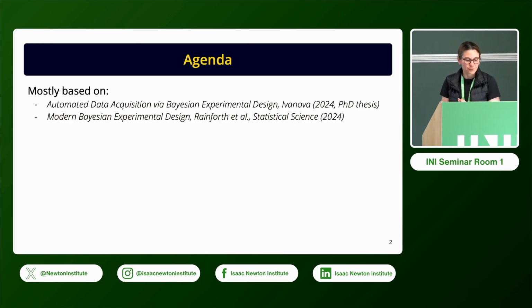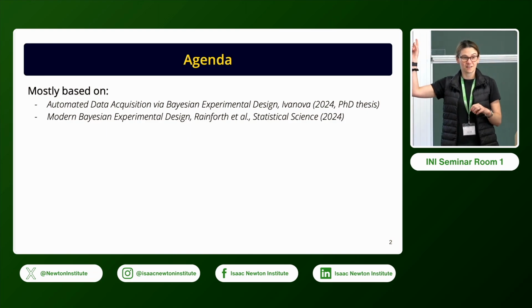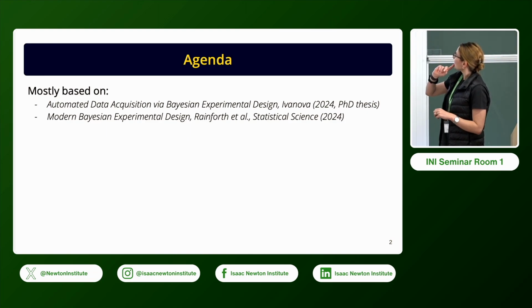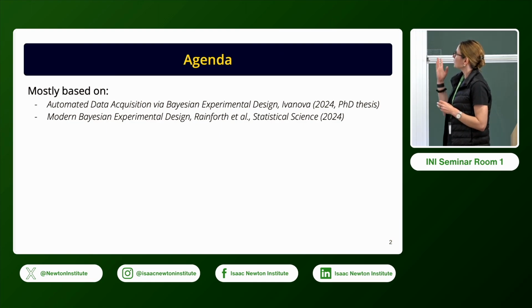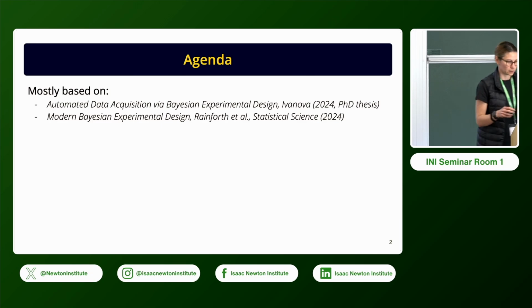Okay, so the tutorial will be mostly based on my PhD thesis that I submitted last year, and also a review paper on what we call modern Bayesian experimental design that we published in Statistical Science also last year.